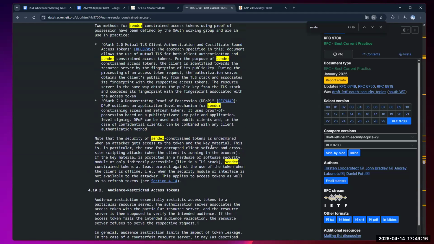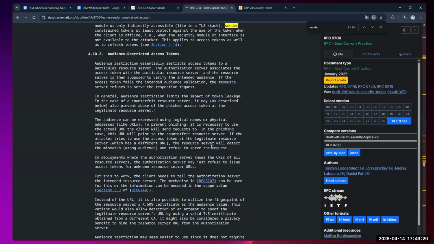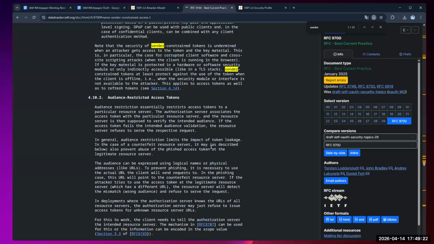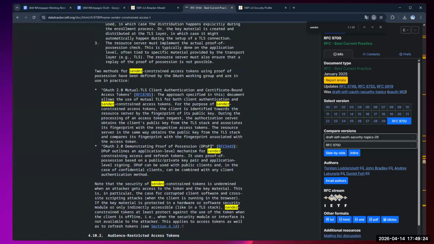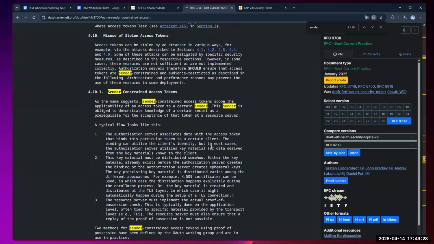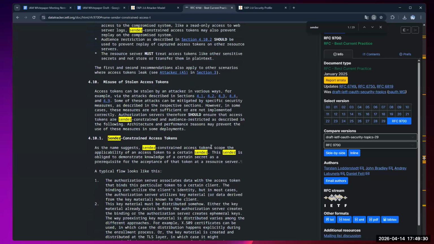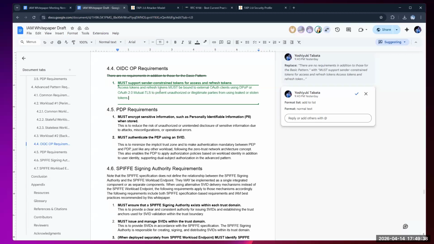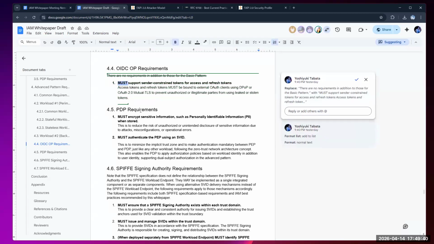I don't know the RFC 9700 here. A sender-constrained token, will it be "should" or "must"? Maybe not "must", I think. "Should". I see? So yeah, the other idea is "should".